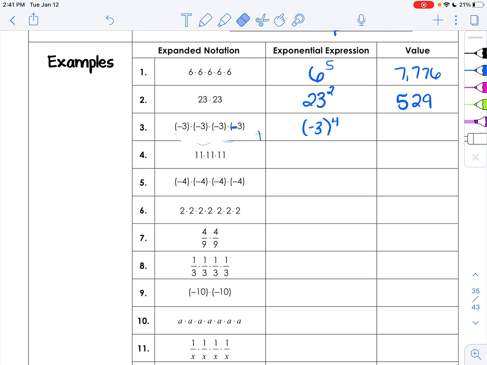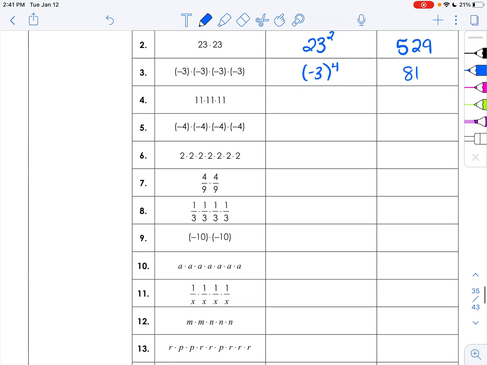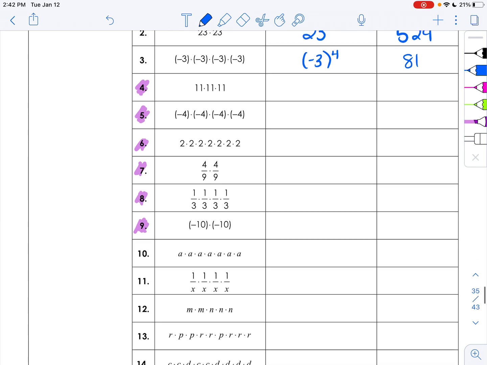And when we multiply 3 times 3 times 3 times 3, we get 81. So when we're using negatives with exponents, we have to be extra careful. Let's look at one more example towards the bottom. Go ahead and highlight 4 through 9. And then let's take a look at number 10.